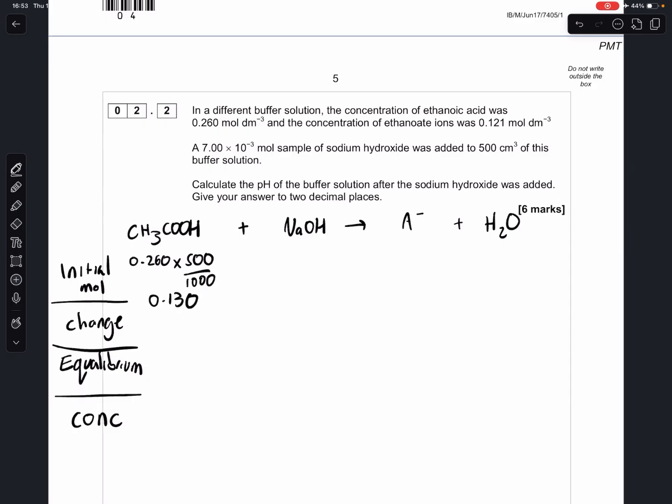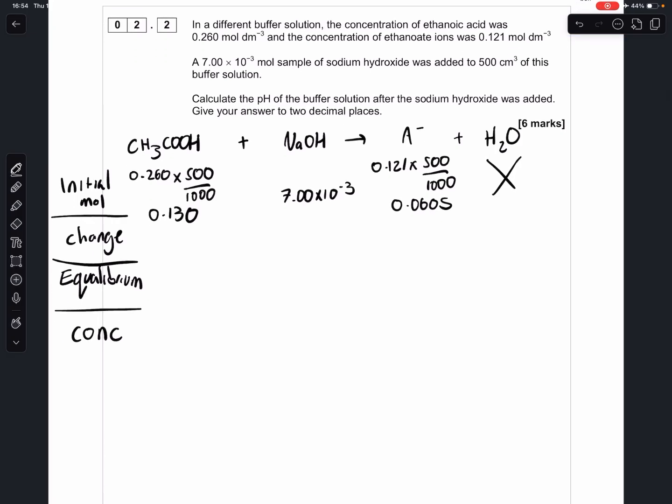And our moles of sodium hydroxide that we are adding is 7 times 10 to the negative 3. And it says our concentration of ethanoate ions was 0.121, so that is going to be 0.121 times 500 over 1,000. That'll give us our moles, which is 0.0605, and we don't really care about water.